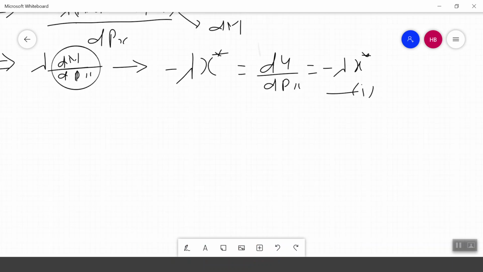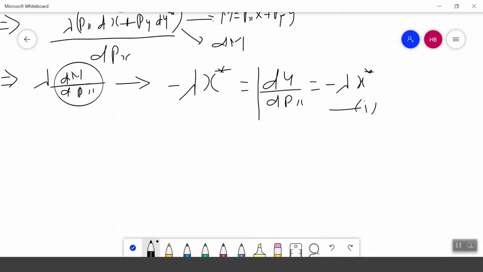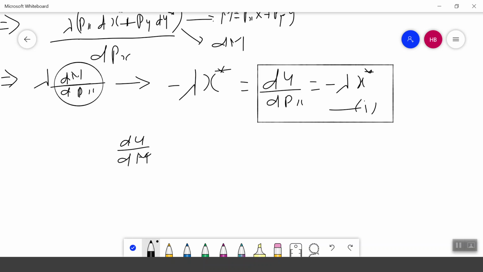So we saw this with respect to price. We got the one part. Second part, we have to find utility with respect to m. Now du by dm we need to define.